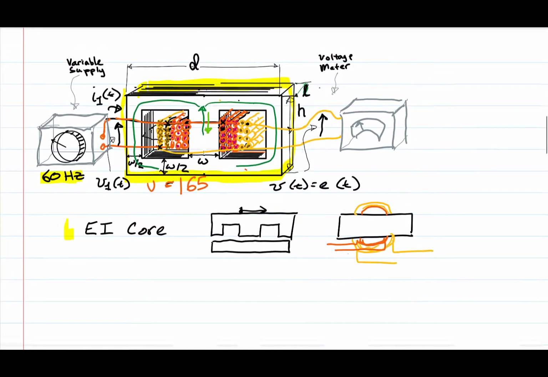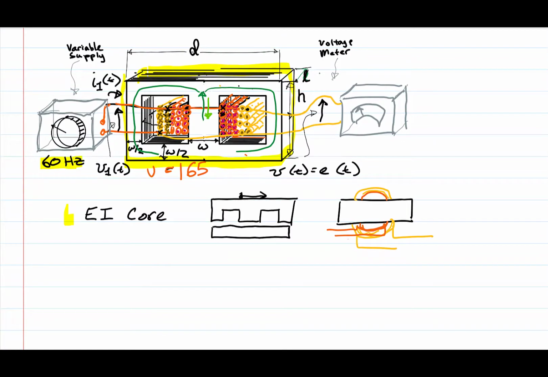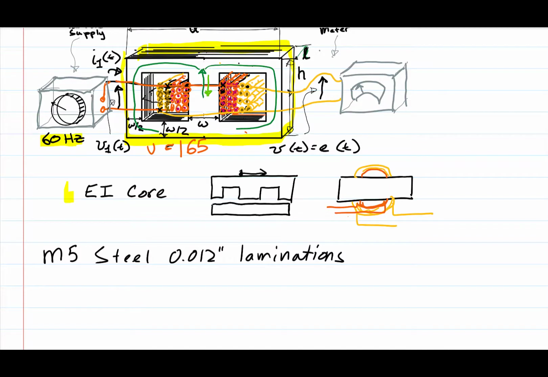Now we're going to consider an open circuit test on a particular core structure consisting of M5 steel, 0.012 inch laminations. This is very similar to an example in the book, and it's also referred to as M-5 grain-oriented steel.